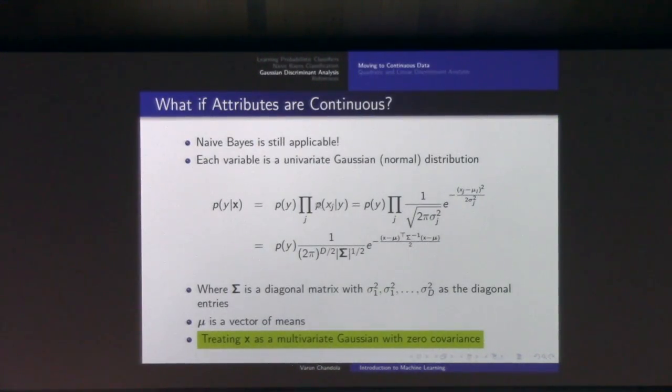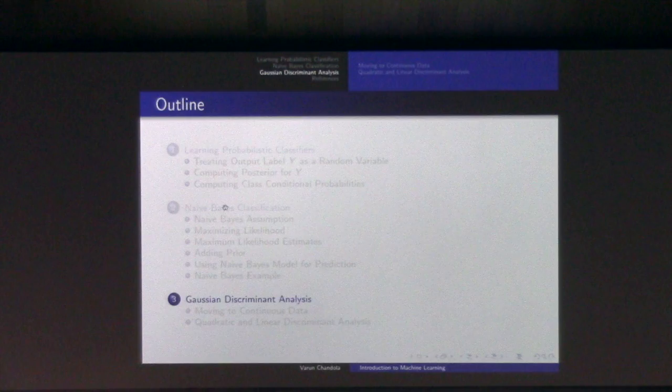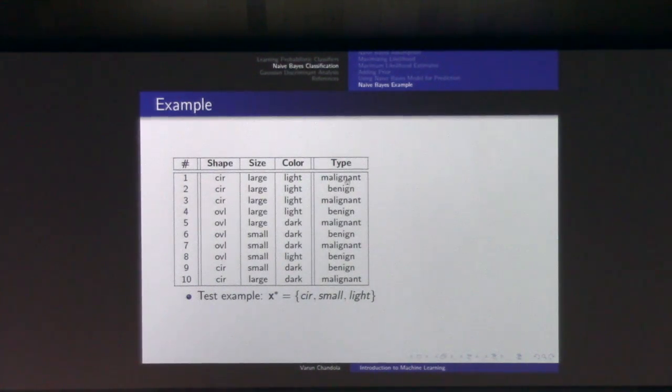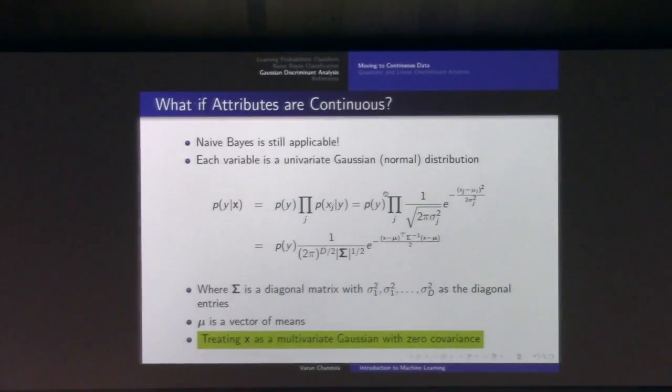So again, the probability of y given x. Let's say y is your class, right? Let's follow a similar example. Let's say your class is malignant or benign. The posterior probability of y to be malignant given this is your training data. Now this x is no longer a vector of binary attributes, but a vector of continuous attributes, and can be written as this.